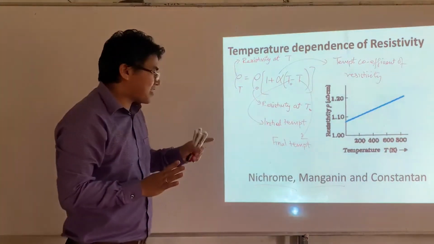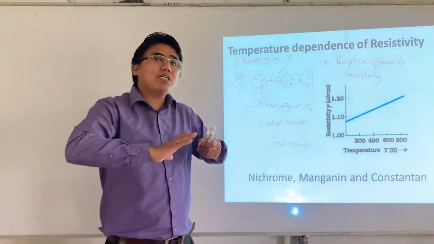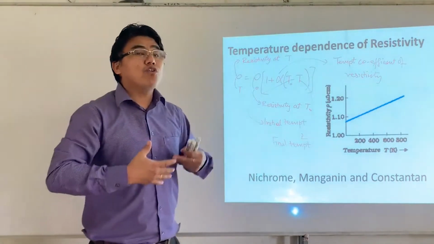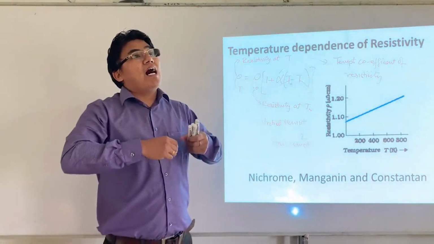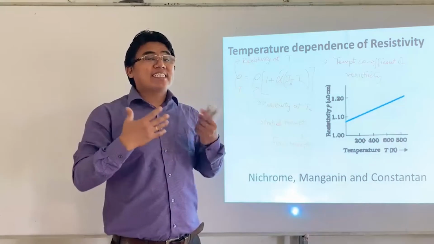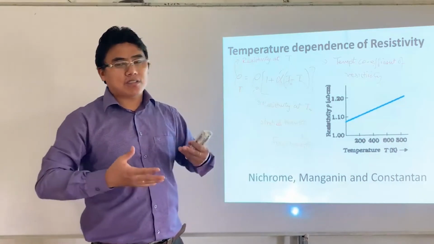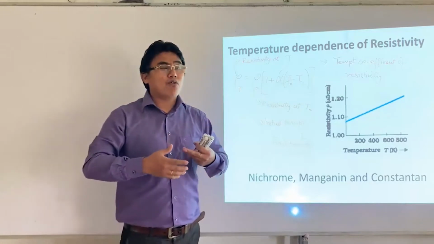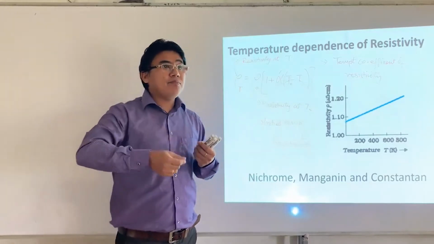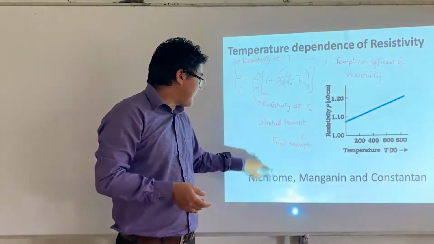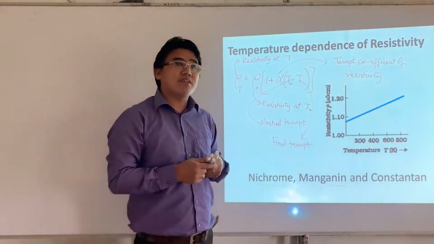Since these materials have resistivity weakly dependent on temperature, they are normally used for making wire-bound standard resistances. You may come across a heater, where they put a wire, and those wires are normally nichrome, manganese, and constantan wires.